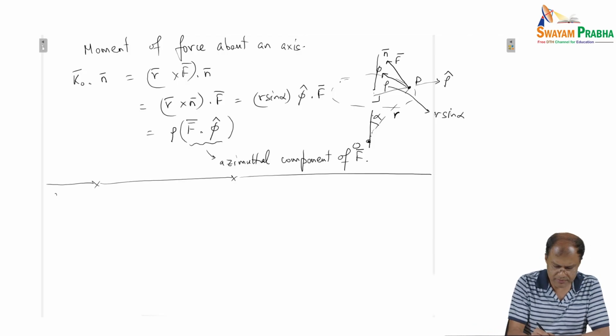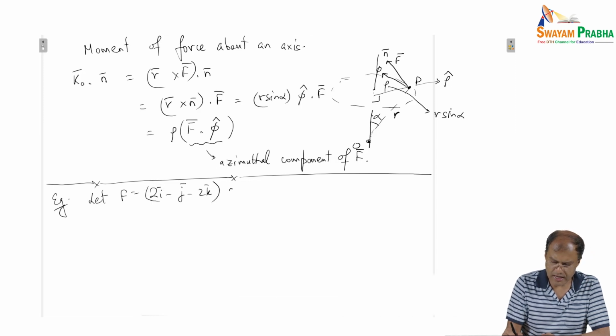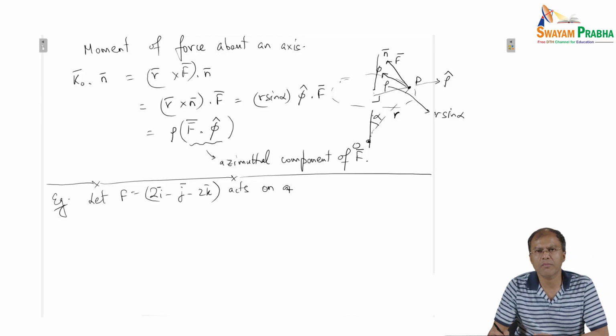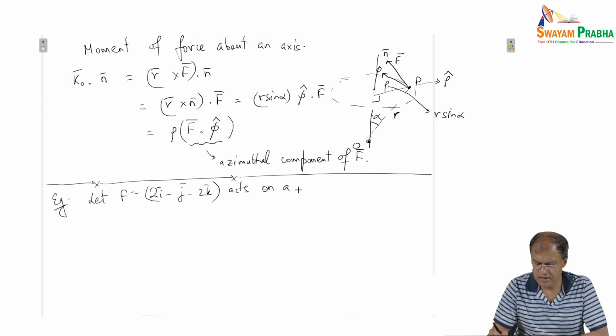So let F be 2i minus j minus 2k. We are just looking at an example as to how to calculate such moment of force.